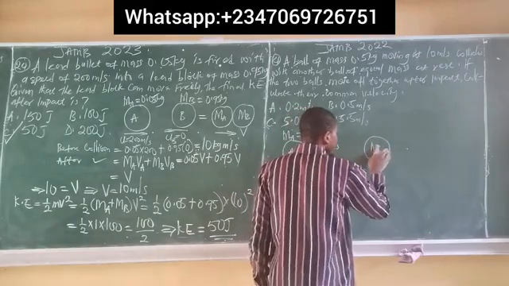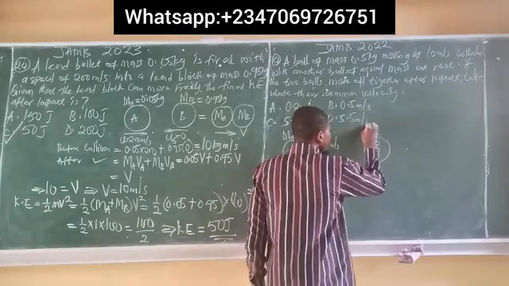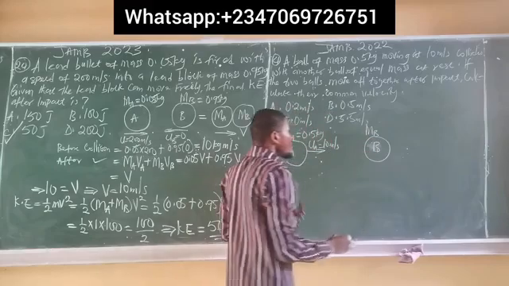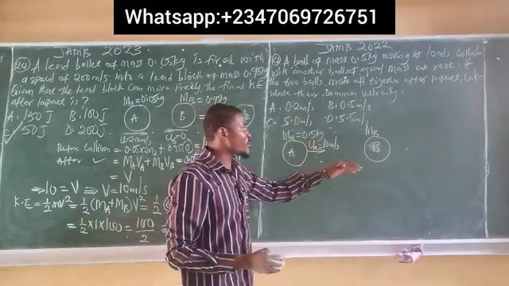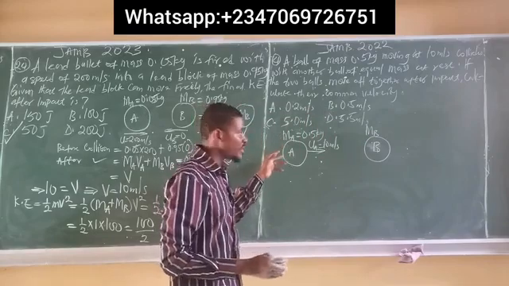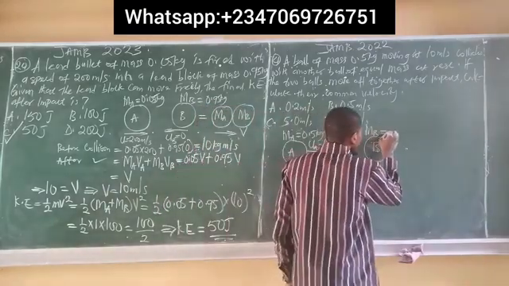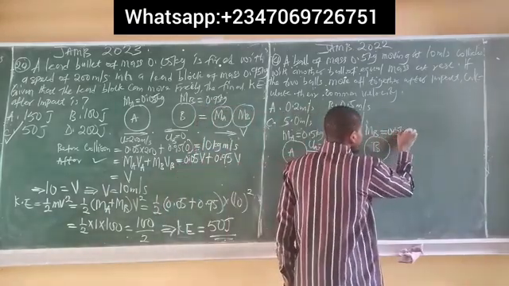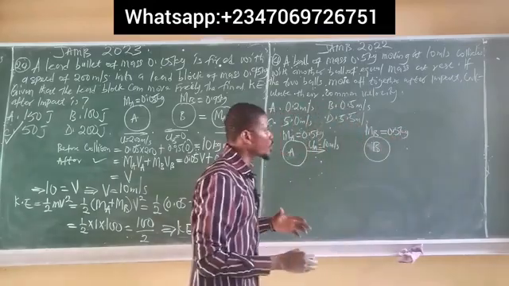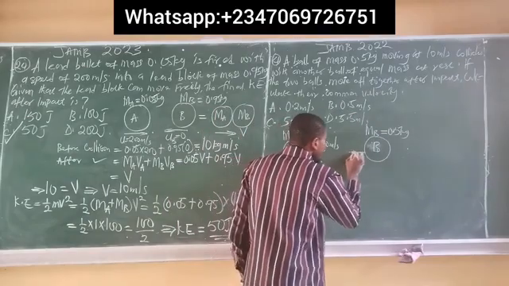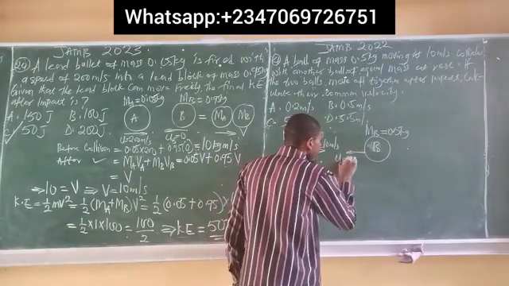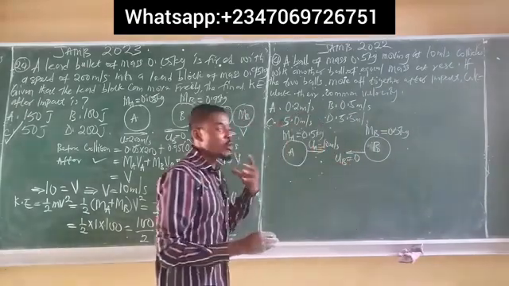Another ball, this is ball B. Now the mass of B, it says collide with another ball of equal mass, which means the mass of ball B is equal to the mass of ball A. So MB is also equal to 0.5 kg. Now, another ball of equal mass at rest. So if it is at rest, it means that its speed UB is equal to 0. It is not moving.